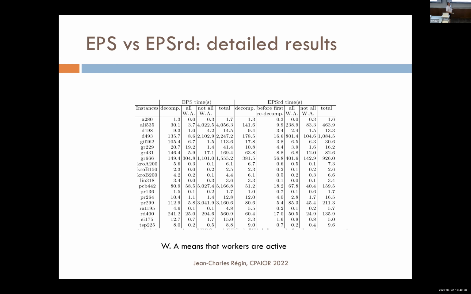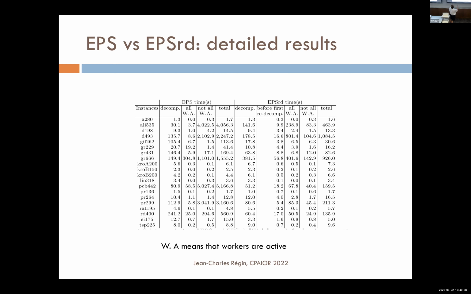And so what you discover is you don't redecompose here. For instance, you spend only 3 seconds when all workers are active. And then after 3 seconds, you spend 4,000 seconds with fewer than the number of cores active. So here, wow, this is a difficult problem.